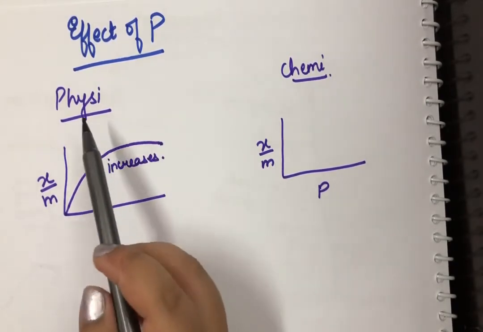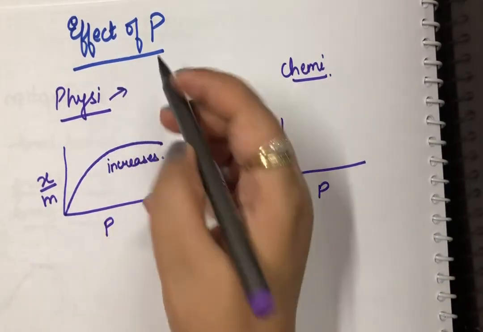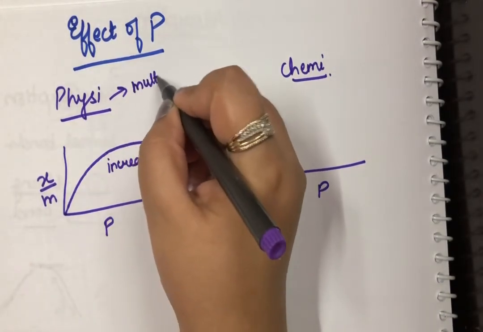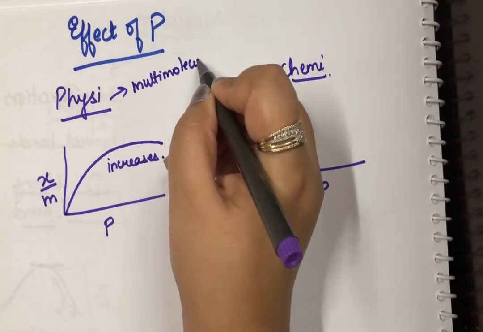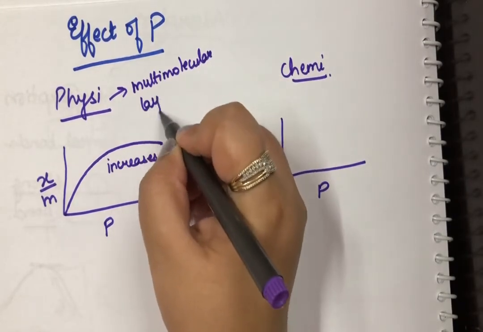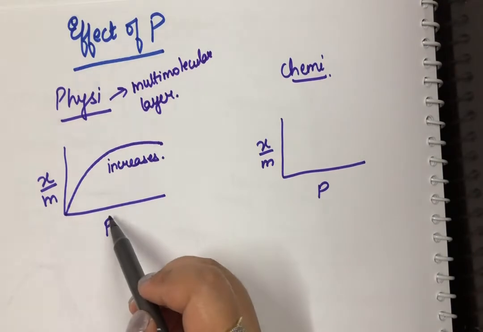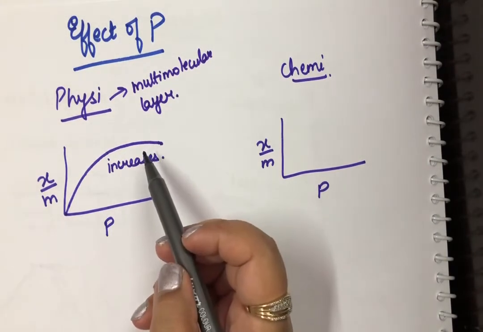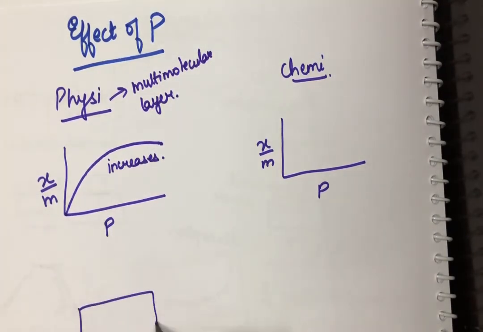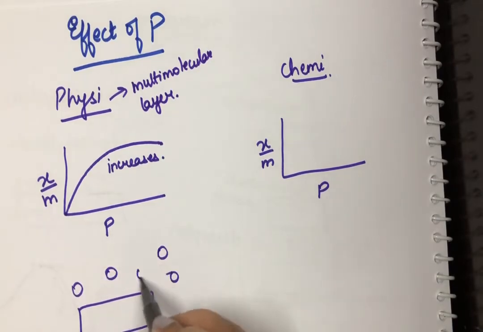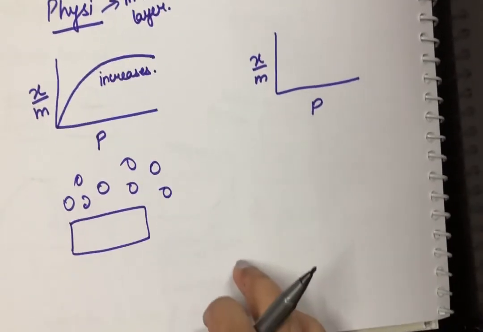Why? If you remember, physisorption is multimolecular. It forms a multimolecular layer. So if you are increasing the pressure, the more number of molecules get adsorbed. This was the surface. There were so many molecules here. So now what will happen?